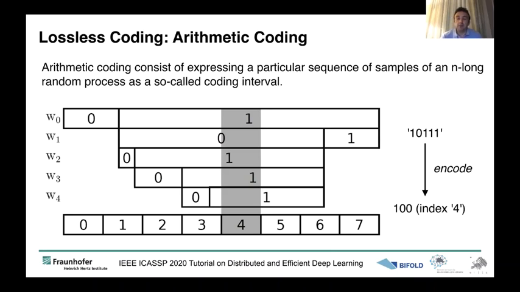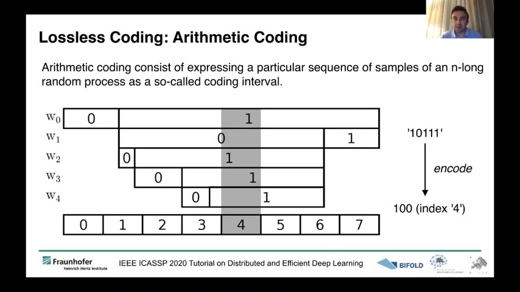If you look up which numbers fall into the gray interval above index 4, you will see that this is exactly the word which we encoded, 10111.